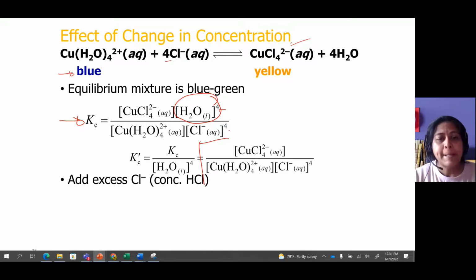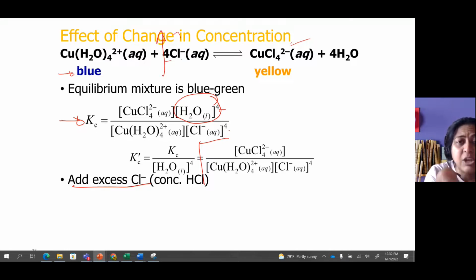Okay, good. Now the system is in equilibrium, but we disturb this equilibrium by adding excess chloride ions. What is a chloride ion? Yes, it is a reactant. The system doesn't like that. So what does the system want to do? Yes, the system wants to reduce this excess amount of chloride.